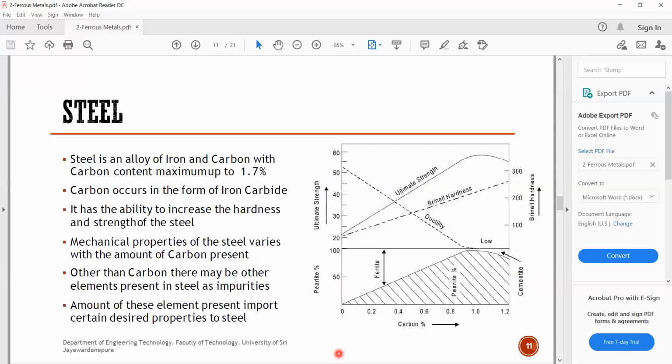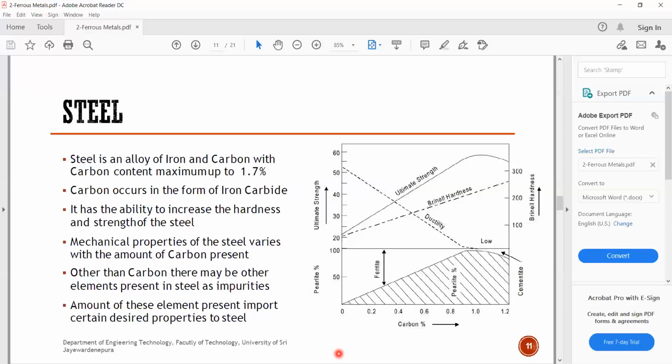Other than that, it has impurities, right? Technically, the percentage of carbon present in steels is normally 0.006 up to 2 percent, or 1.7 percent. Up to 1.7 percent is called steel.